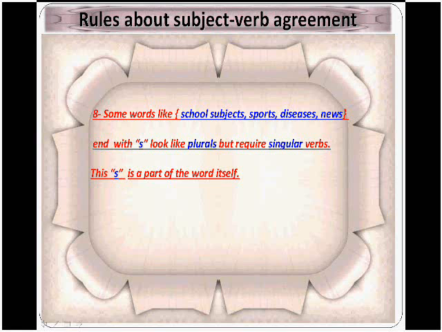We can't remove the S from the word. Like: physics is my weakest subject. Here the word physics, the S is part of the word. I can't remove the S and say that physics is a plural word. It's not a plural word. The name of this subject is physics.